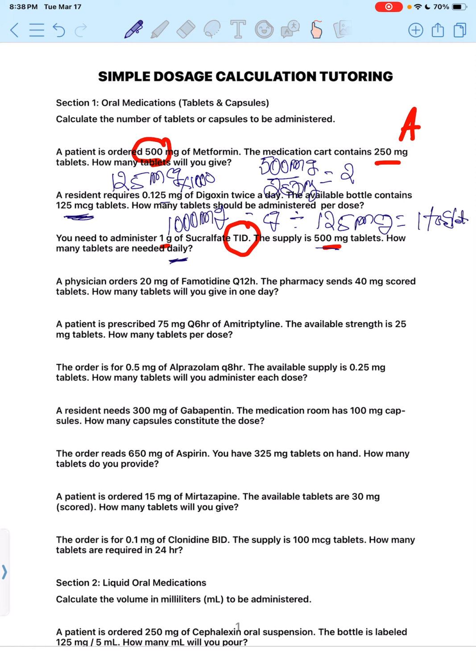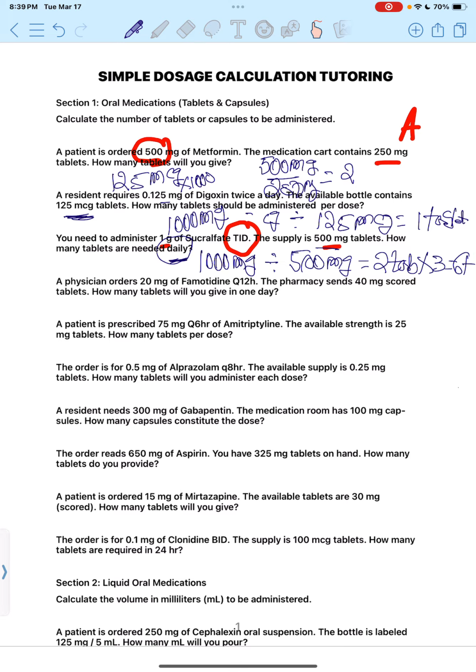You will do your order, which is 1,000 milligram, divided by your available, which is 500 milligram. Now you're going to have 2 tablets. But because we are looking at what we're going to give per day, and we are giving that 3 times in 1 day, you'll multiply that by 3, and your answer is going to be 6 tablets.